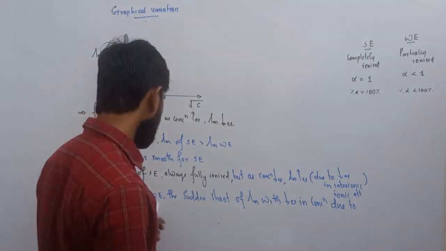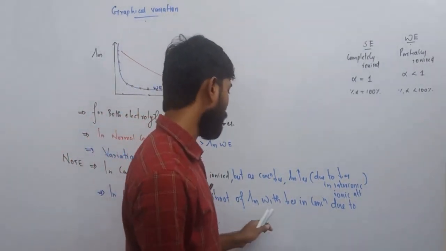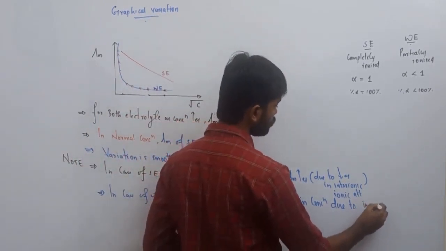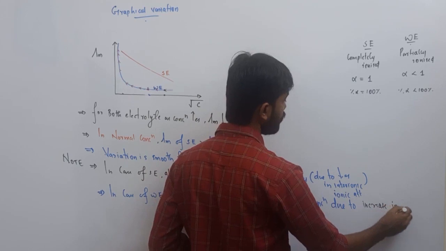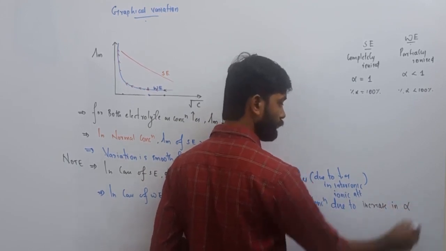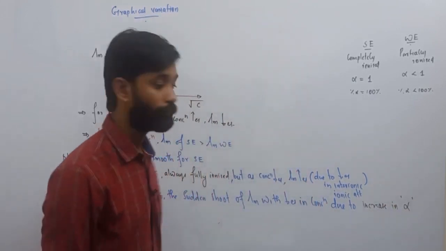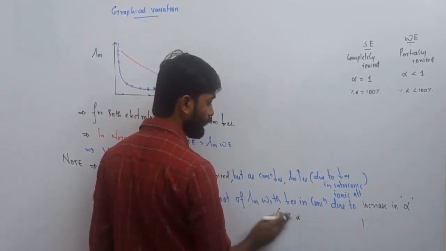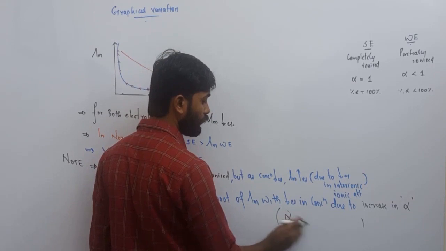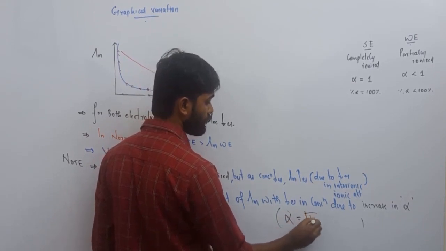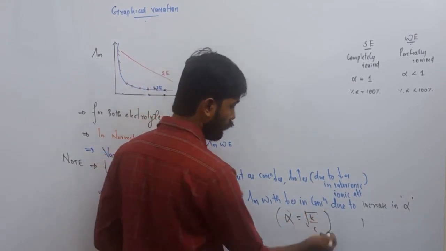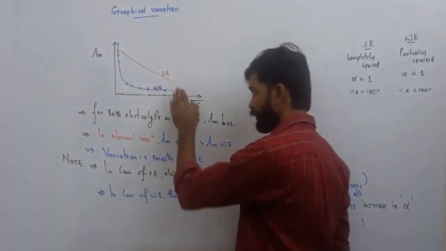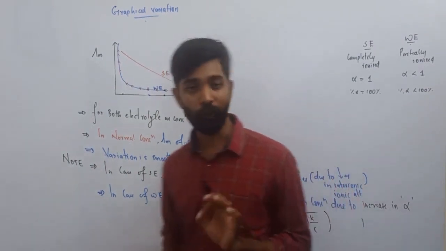Okay. So in the case of a weak electrolyte, the sudden shoot up of lambda m with the decrease in concentration is due to the increase in alpha, the degree of ionization. And the relation is, we know that alpha equals root K by C, Ostwald's dilution law. So in a high concentration, a weak electrolyte is partially ionized.